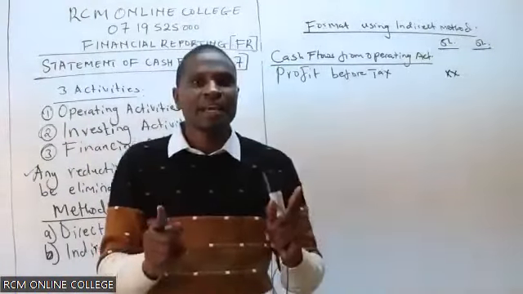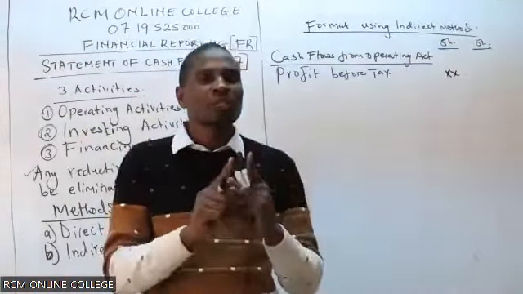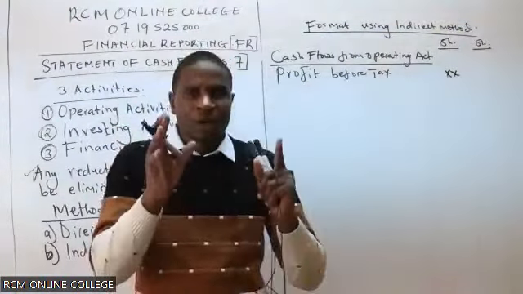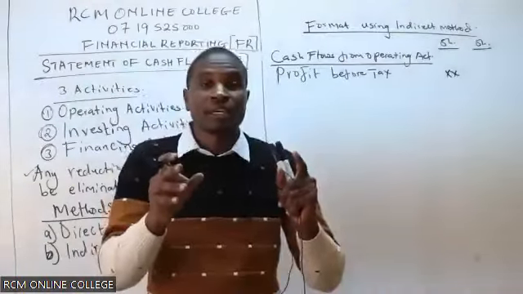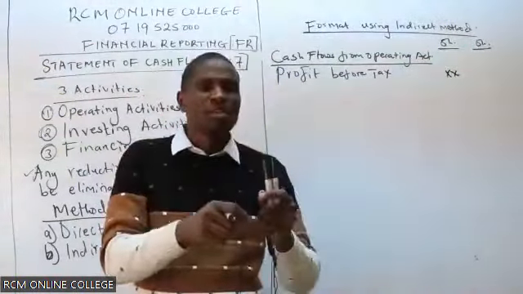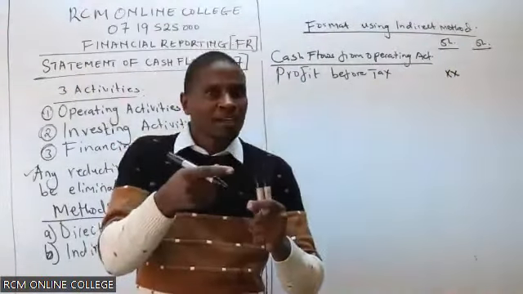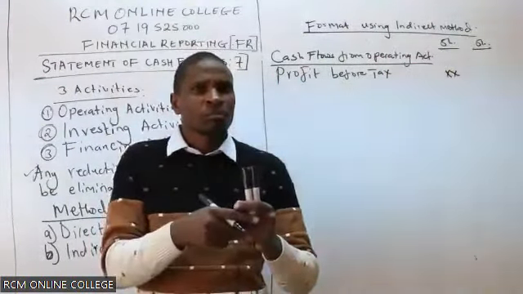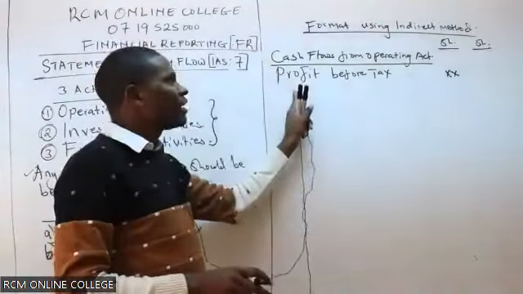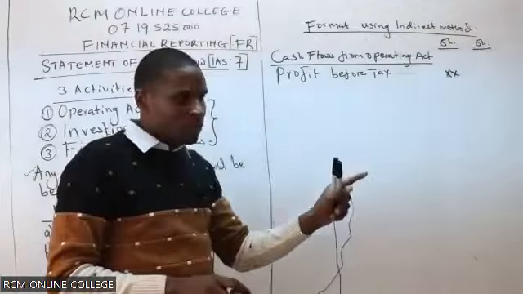Sometimes the examiner can give you profit after tax. We shall look at it when the examiner gives you profit after tax. That means we shall be adding tax back. But I don't want us to look at that right now. I want us to first look at when we are given profit before tax.